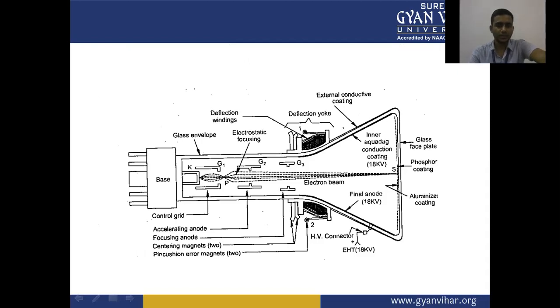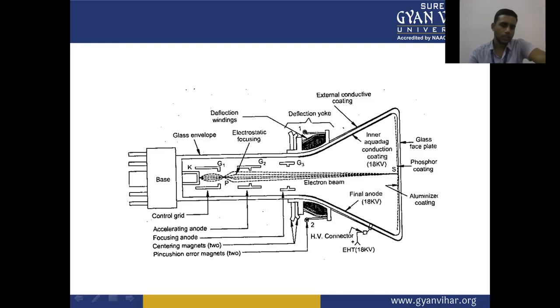This is the principal diagram of a picture tube. Here we have a cathode, and the cathode produces the electron beam, with electrostatic focusing and deflection coils to maintain this electron beam at the center, and this beam is focused on the screen of phosphor coating. On the inner side of this phosphor coating we have an aluminizing coating, and on the outer side of the phosphor coating is a glass face plate.